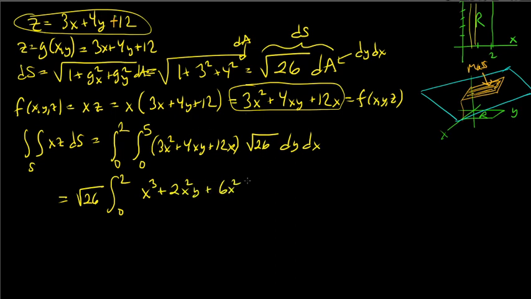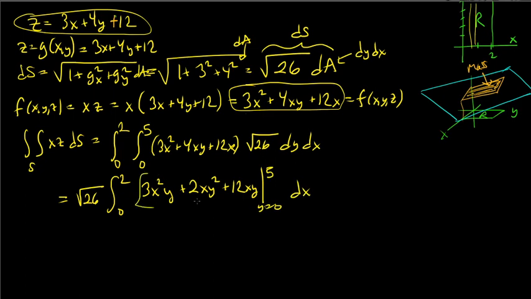Oh, that was with respect to x. Oops, we're doing y first, aren't we? Okay, let's do it again: 3x squared y plus 2xy squared plus 12xy, evaluated between y equals 0 and y equals 5.